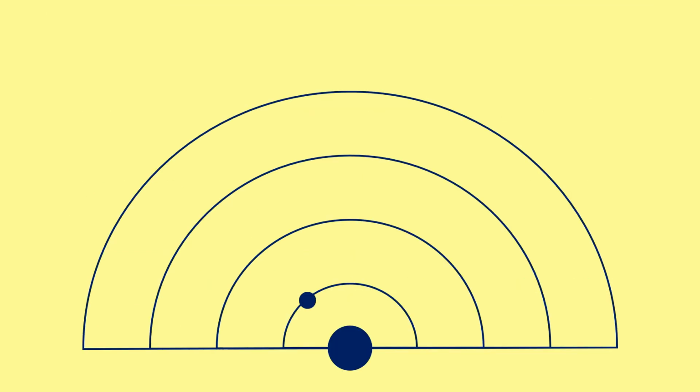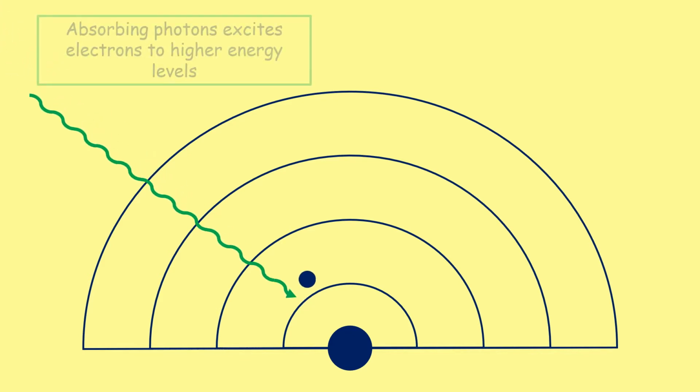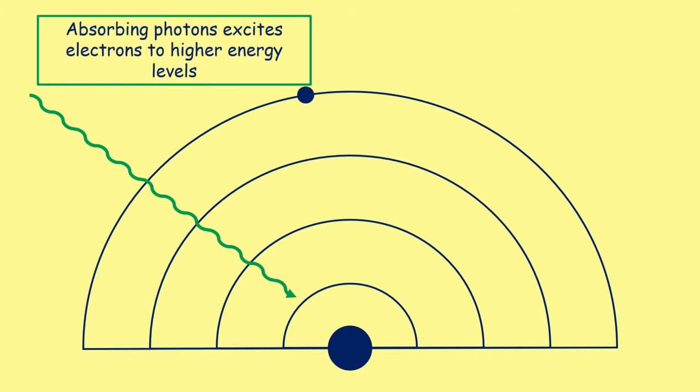So a good representation is on this diagram. So this is sort of a half of an atom shown, and we can see we've got one electron in the first energy shell or energy level, the nucleus at the center. Whenever a photon is absorbed, that photon gives energy to the electron, and that electron, you can see, moved up to a higher energy level.